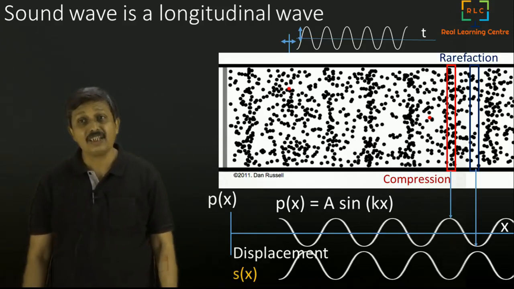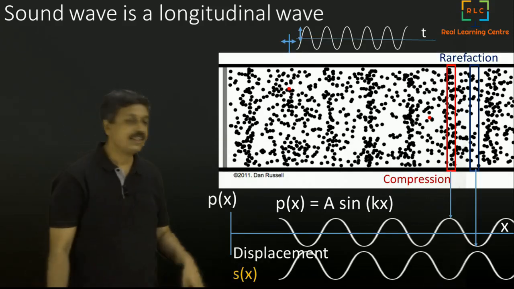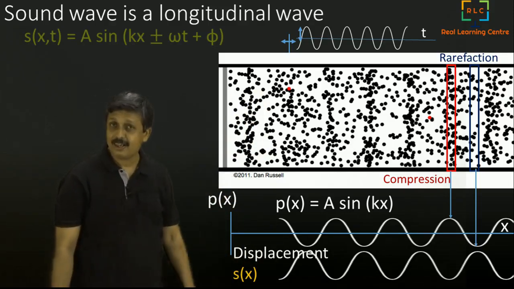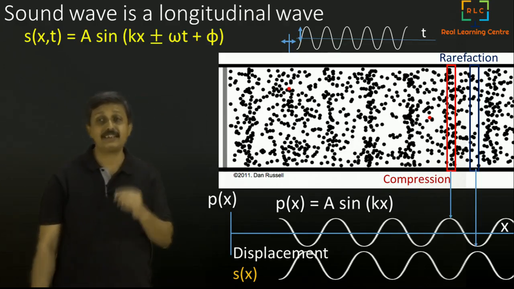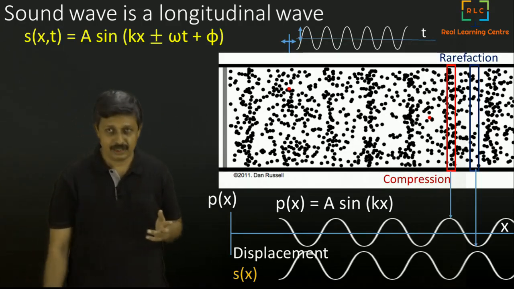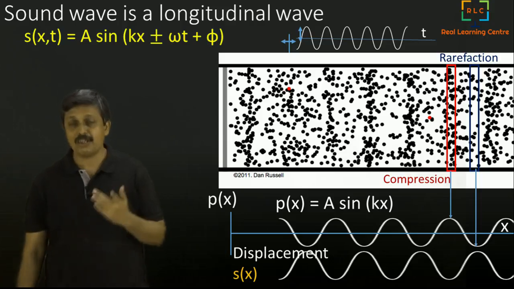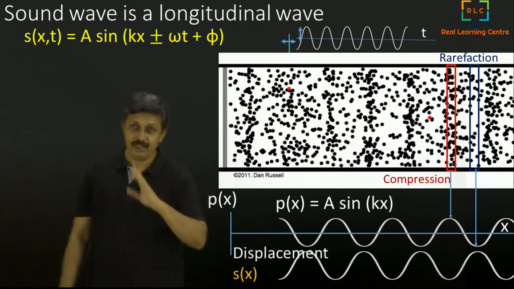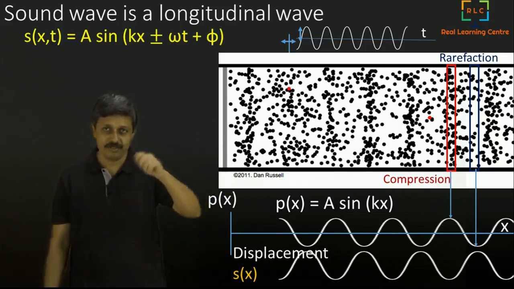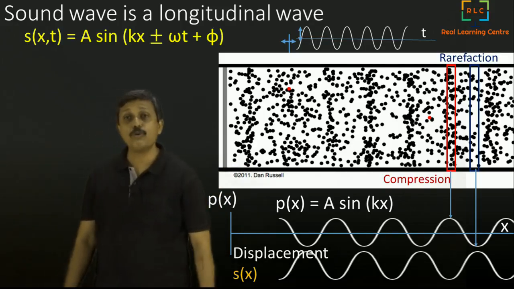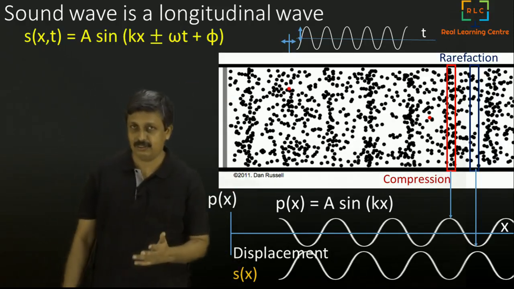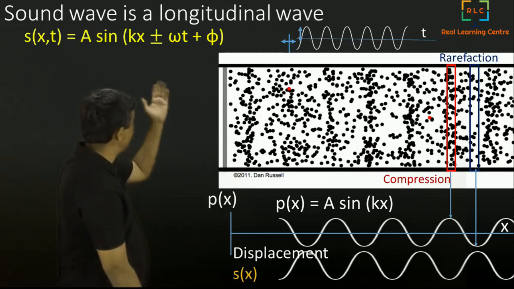Now it is possible again to write a displacement function of both x and t and call that s of x, t, which will again be sine of kx plus or minus omega t plus phi. So both the sound wave, which is a longitudinal wave, and the wave that we have shown on the beads, which is a transverse wave, can be represented using a function like this, which is called a wave function.